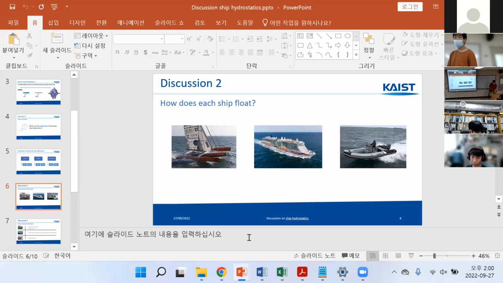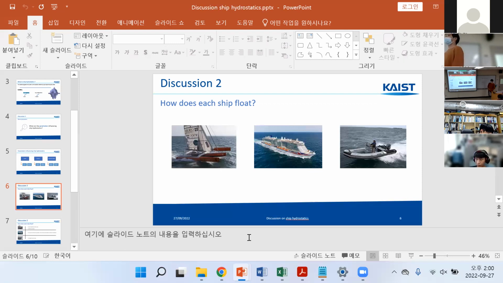Third one, air on two. Do you have ideas for the second one? What is the second one? It's just a boat, a big boat, the cruise, and you can't say it's very light.